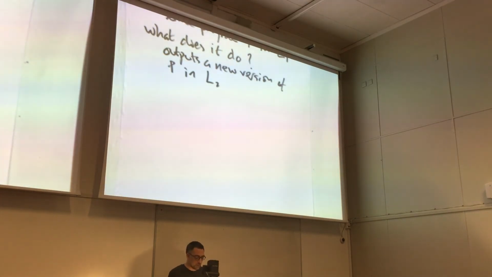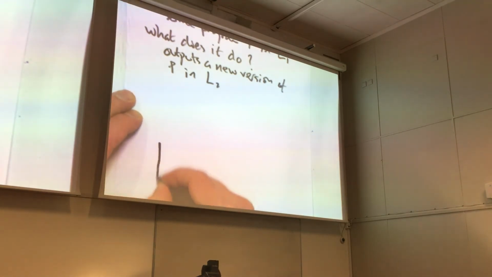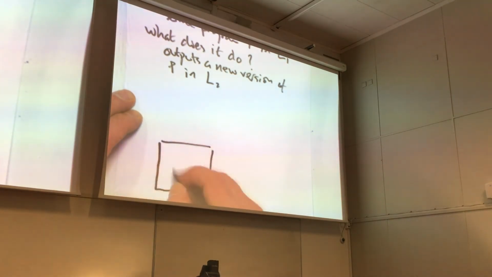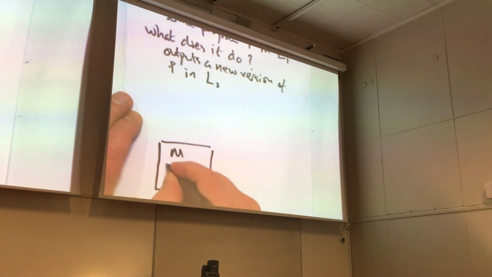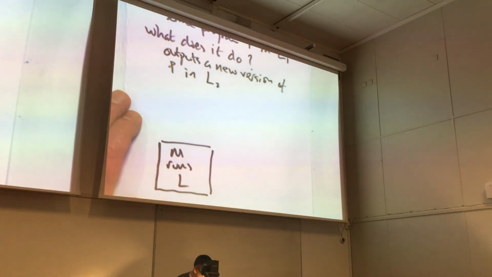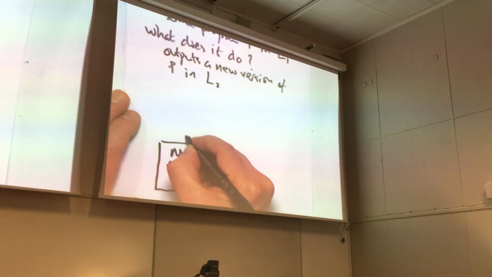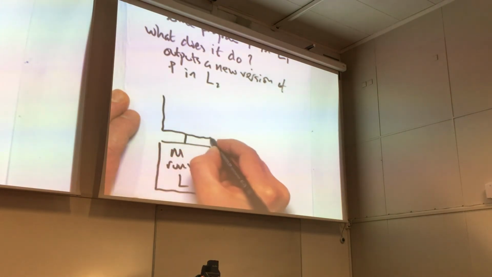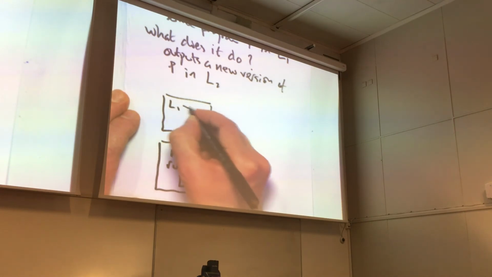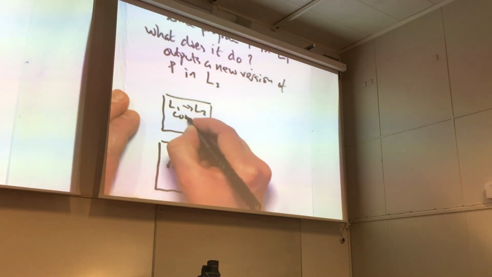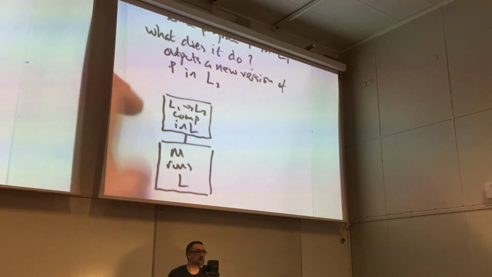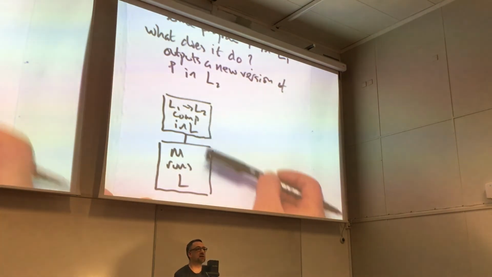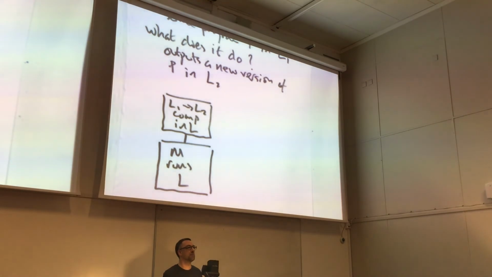How do you run a program using a compiler? It's a two-stage process. We've got a machine that runs L somehow, some language, and we've got an L1 to L2 compiler in L. Because the compiler is in language L and the machine will run L, that means we can run the compiler.